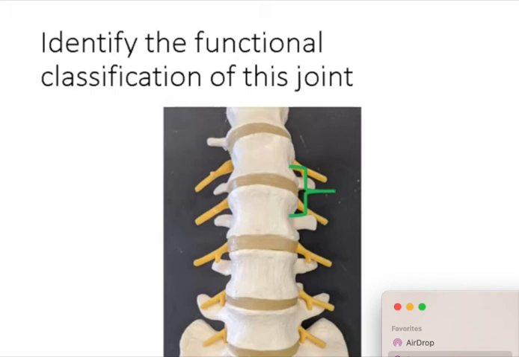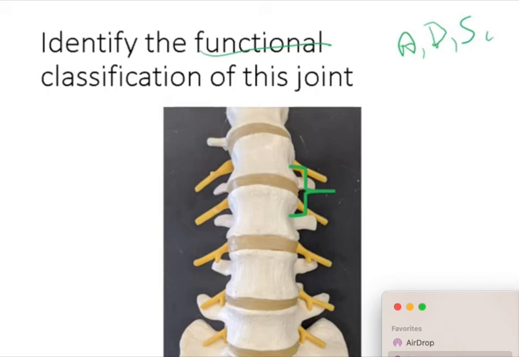Okay, so a few more things to just look at the different classifications of the joints. When we classify the joints, we can classify them structurally or functionally. Right off the bat here, the question says identify the functional classification of this joint. So you need to know what classification is functional and which is structural. The functional classification describes the amount of movement that the joint allows. So the three classifications are arthrosis, diarthrosis, and synarthrosis.